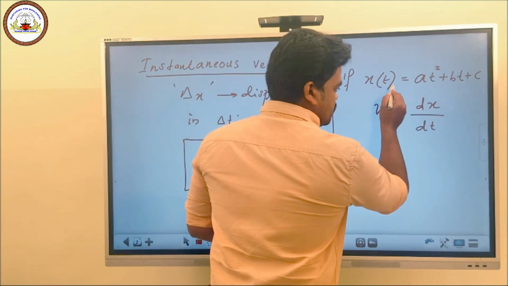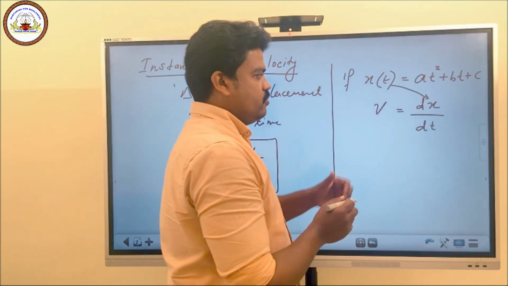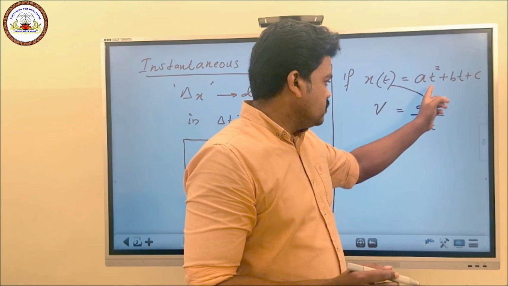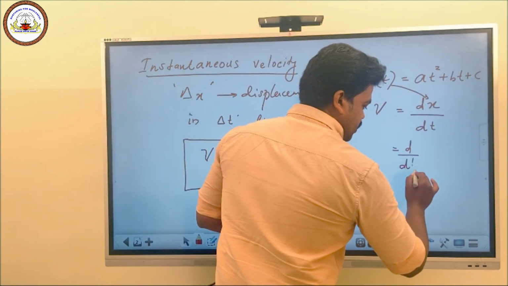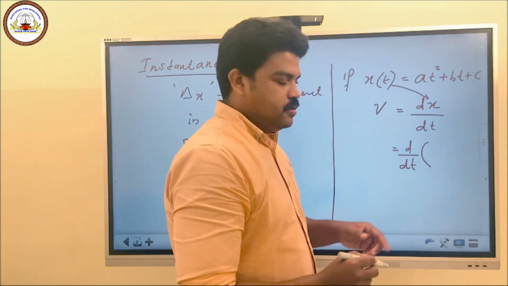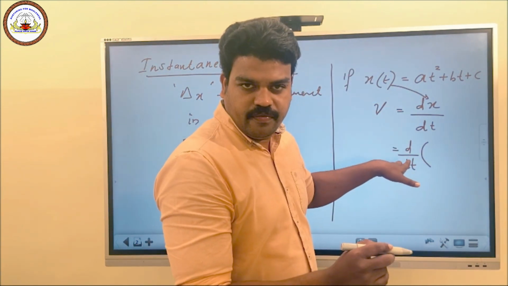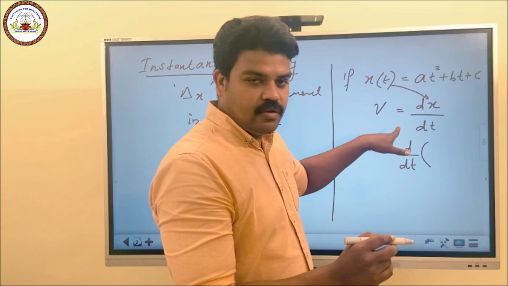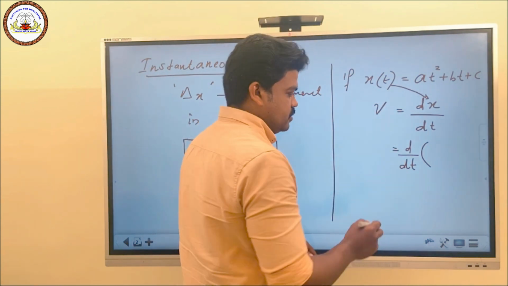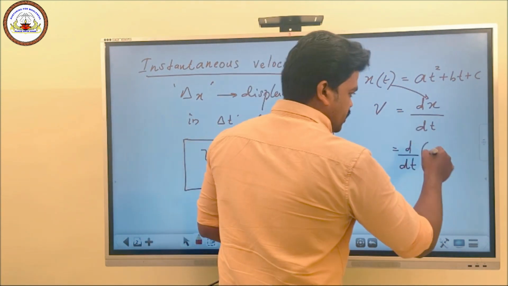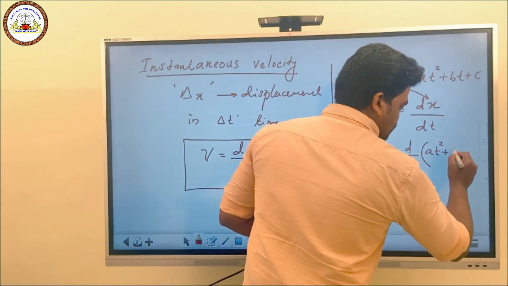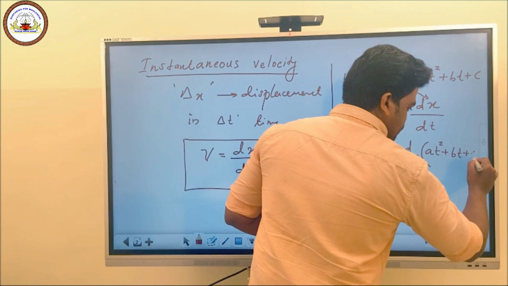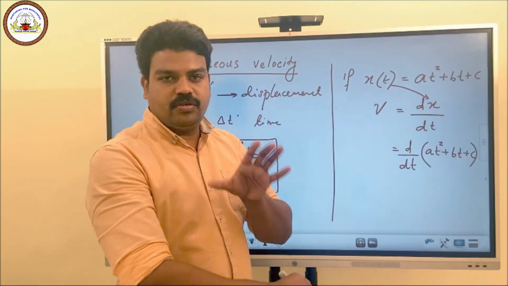Just to use the value or the equation of x here, we can write it as d by dt of, it's an operator in mathematics. Differentiation is a process. So d by dt of at square plus bt plus c.